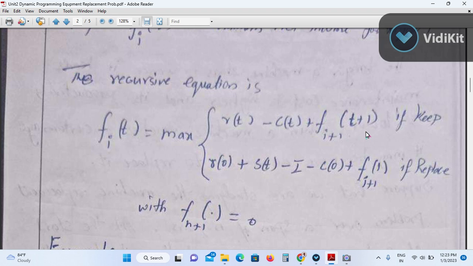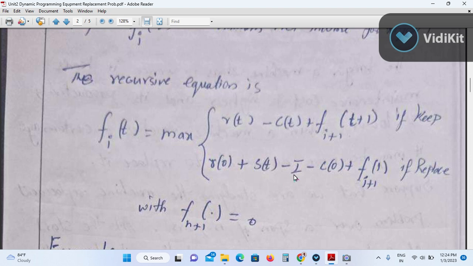So that is if you decide to keep that machine. Similarly, suppose you want to replace it. For replacement, you are going to buy the new machine and you are going to sell the old machine. And for that, what are all the parameters we have to consider? That is the revenue at the initial stage, r(0), and s(t), the salvage value. Salvage value means the current market price for that old machine.